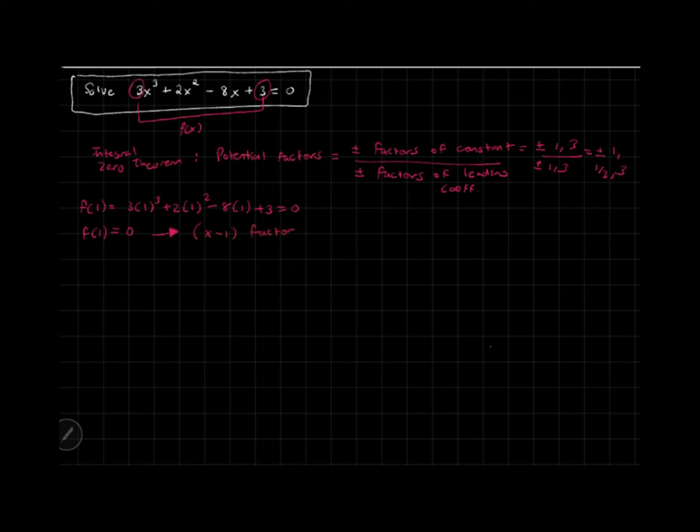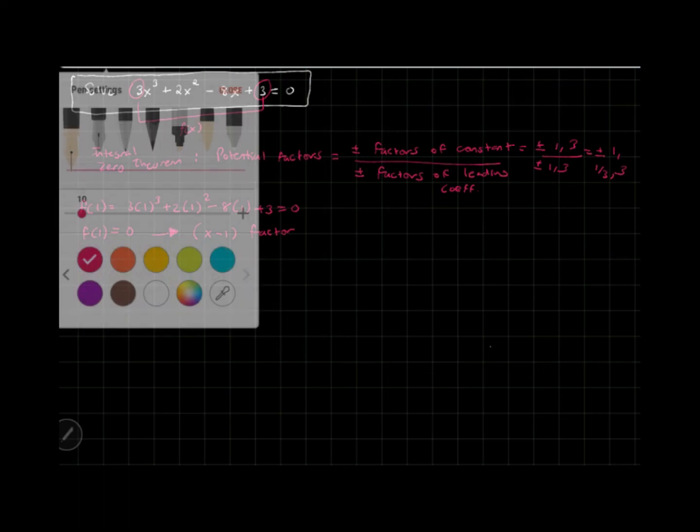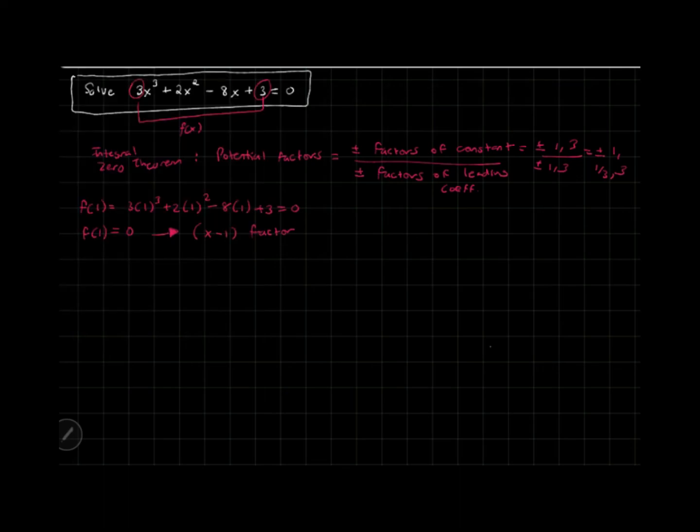So if x minus 1 is a factor, we can figure out the remaining factors by using synthetic division or long division. Because the divisor here is linear, I'm going to use synthetic division just because it's faster.